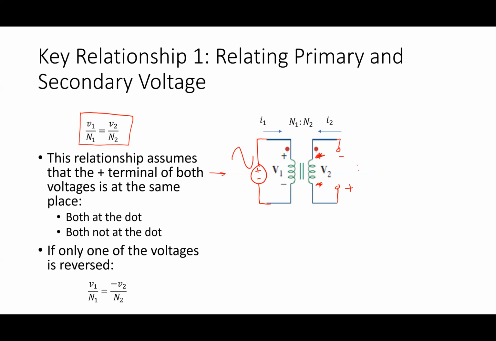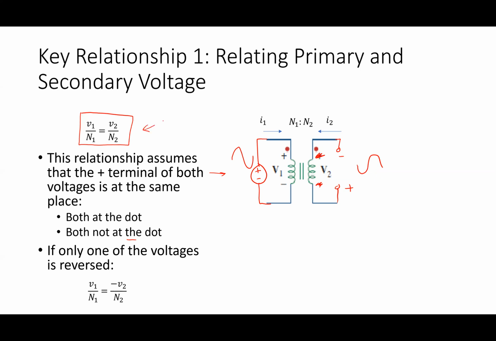So does KVL still apply to each? Everything applies. KVL, KCL still work. Nothing has changed about our basic results. So basically, if the plus terminals are both at the dot, or both not at the dot, then this relationship applies.